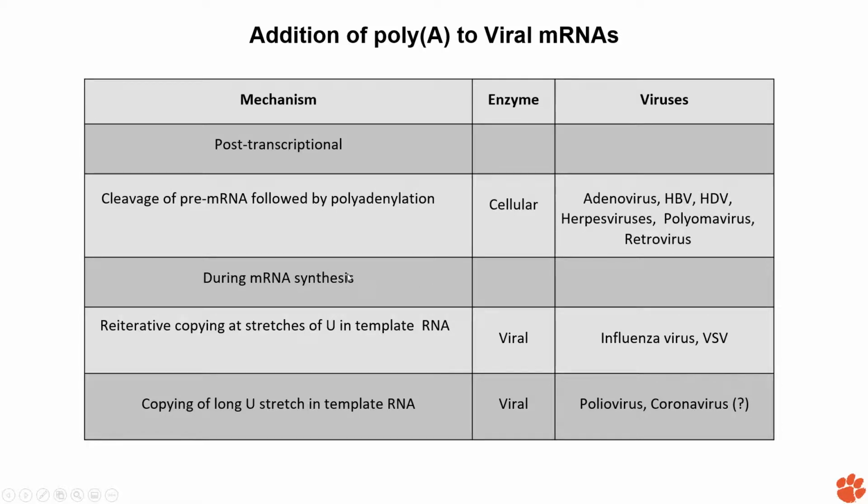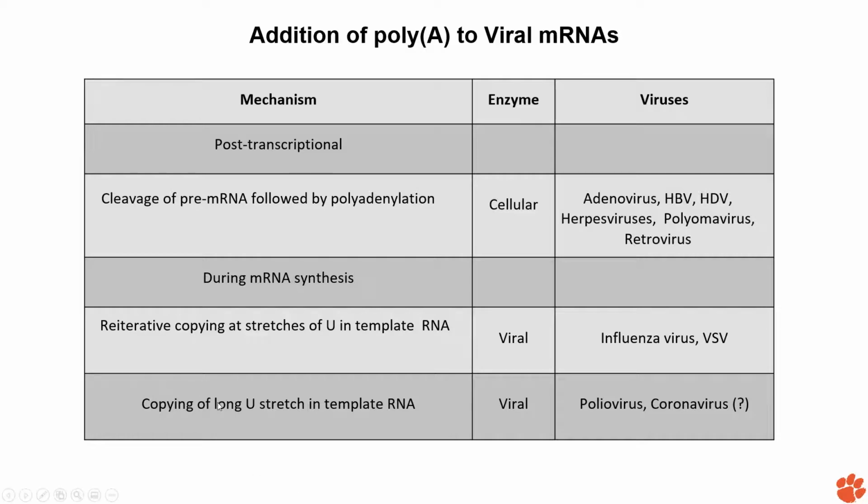On the other hand, there is a different process during mRNA synthesis. Remember that this one is after mRNA synthesis, that's why it is post-transcriptional. Pre-mRNAs are done that way. But these last 2 lines are from the first chapter, which is RNA-directed RNA synthesis. These are done by the viral RNA polymerases, and in influenza and VSV, you have seen reiterative copying of the poly-U residues. Basically, the RNA polymerase slips and adds the poly-A's.